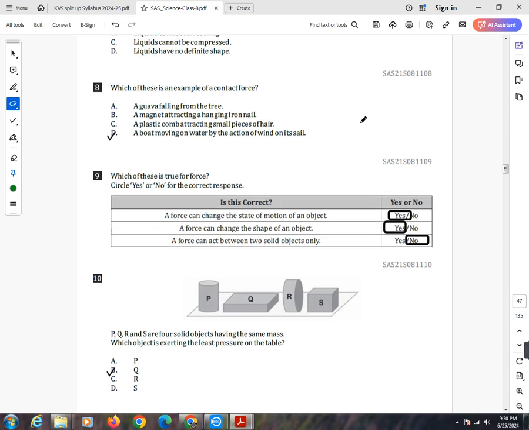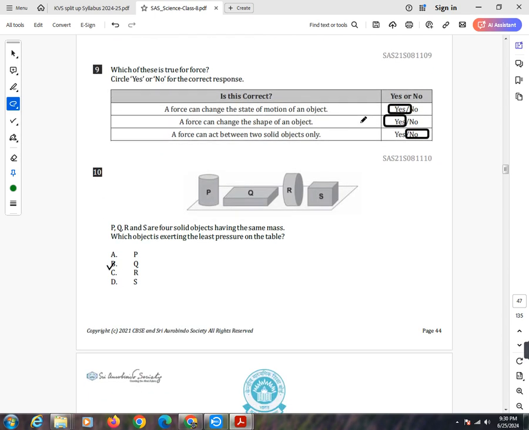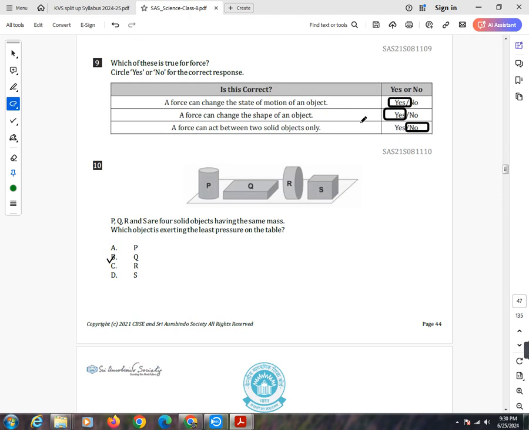Question number 10: four objects are given to us, P, Q, R, S, and here we can see that P, Q, R, S are four solid objects having the same mass. Which object is exerting the least pressure on the table? We know that the formula for pressure is P equals F upon A, correct?